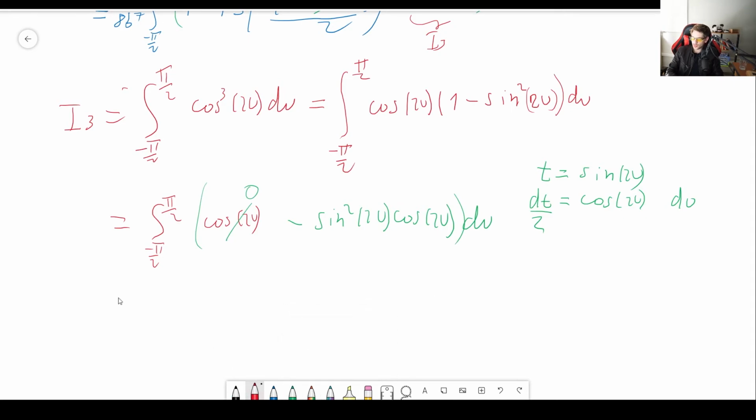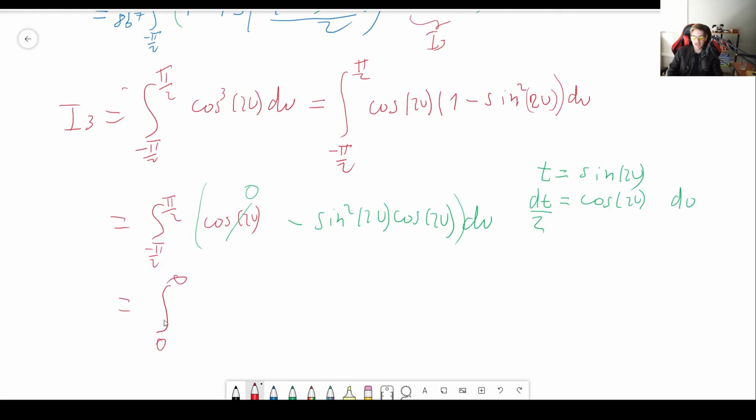So we can now rewrite the integral, and let's see, how do our limits change? So when it is minus pi over 2, we plug it in here, so it's going to be pi, so we get 0, and then our upper limit is going to be also 0.